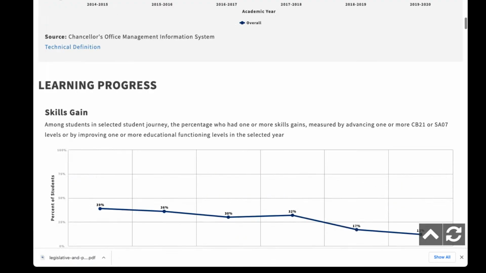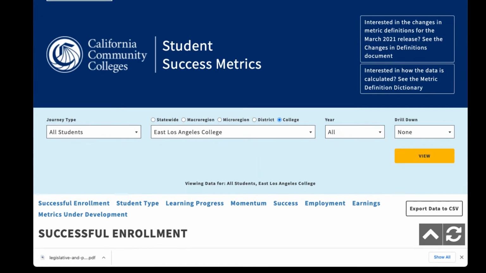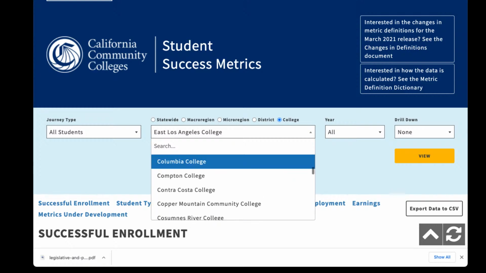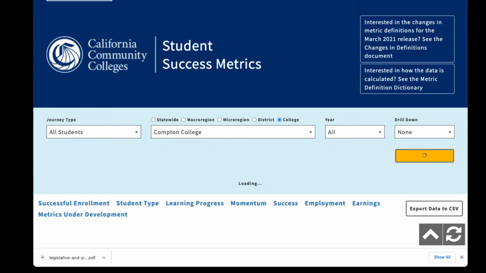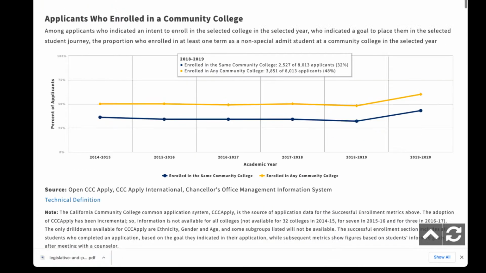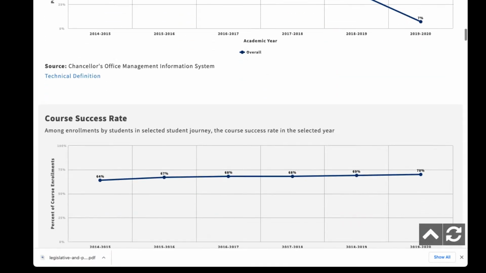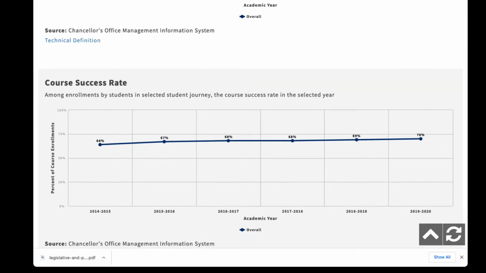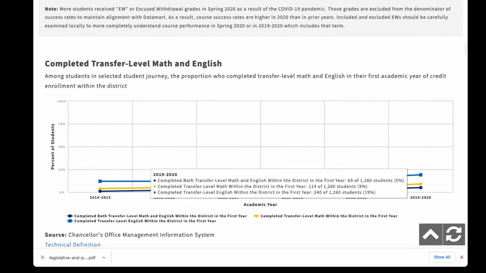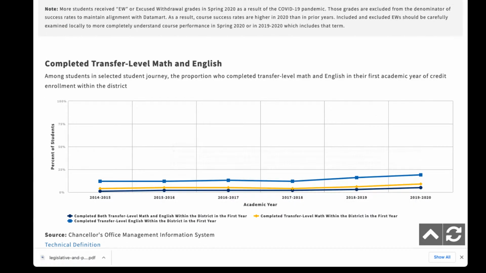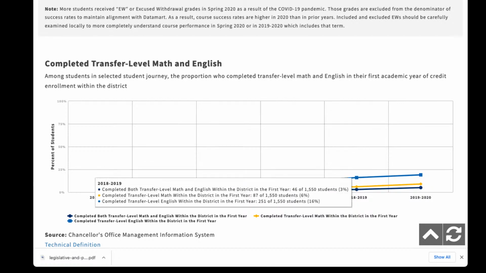If we look at Compton College, state metrics. And this is what Jackie Irwin's office said, hey, let's look at these metrics. All right, let's look at them. Completed transfer level English and math, right? So it looks like they have had some increases. Let's see exactly what it is.